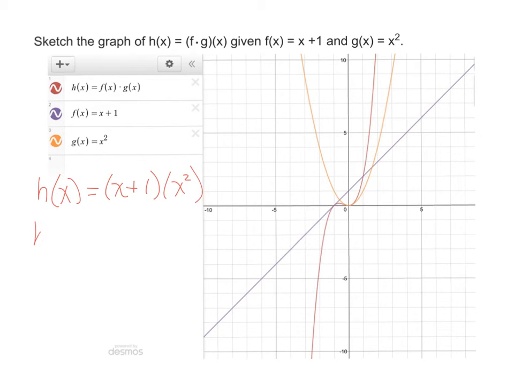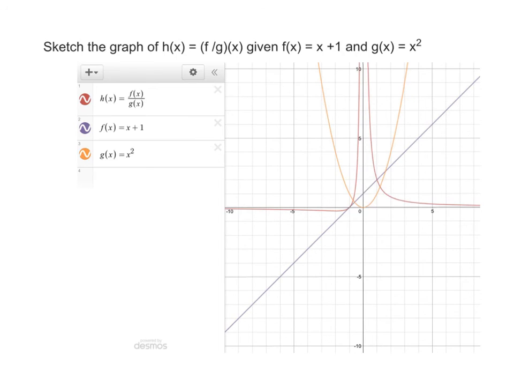I could expand that, because really that's kind of a strange form for it to be in, but it's useful in some ways. You could call this x cubed plus x squared in expanded form, either of those. And it's a cubic function, and you can see the red line there makes the shape of a cubic function. Hopefully that's, again, what yours looked like.